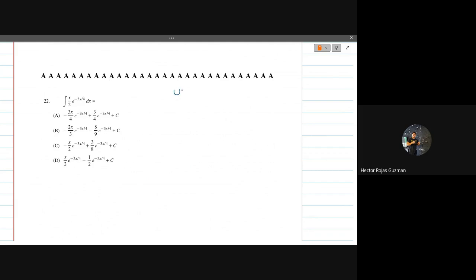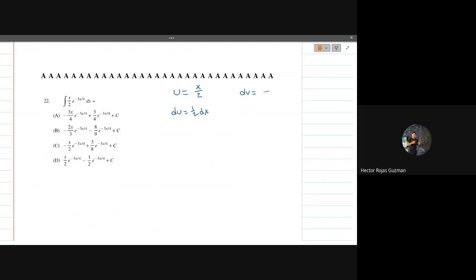We're going to select the u, that is CC, to derive, and we're going to choose a dv, that is CC to integrate. So x over 2, and the derivative is 1/2 dx.